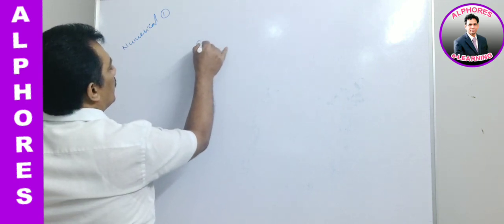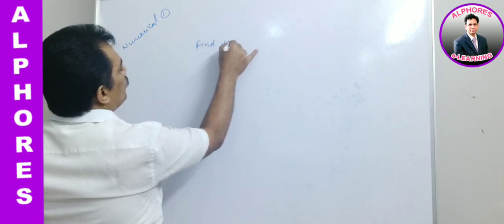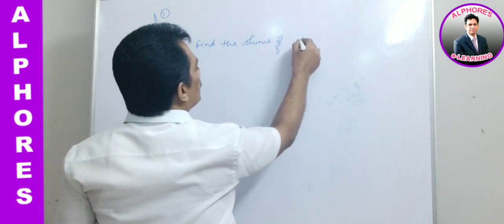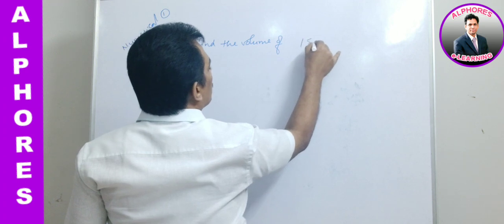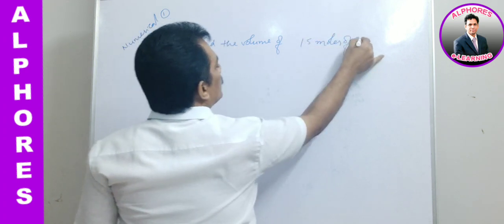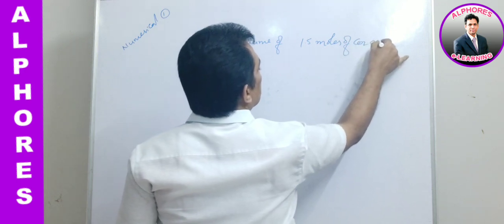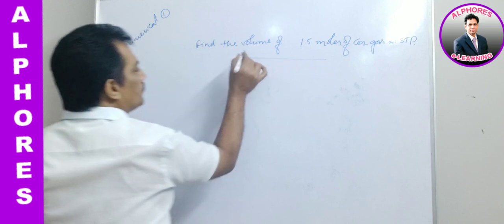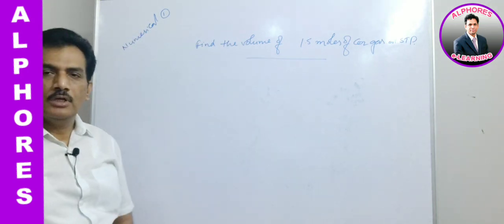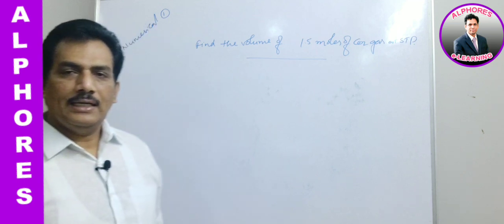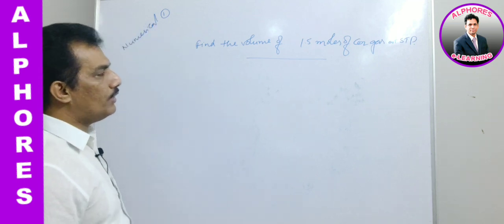Find the volume of 1.5 moles of CO2 gas at STP. Find the volume of 1.5 moles of CO2 gas at STP. Now, how to find it?